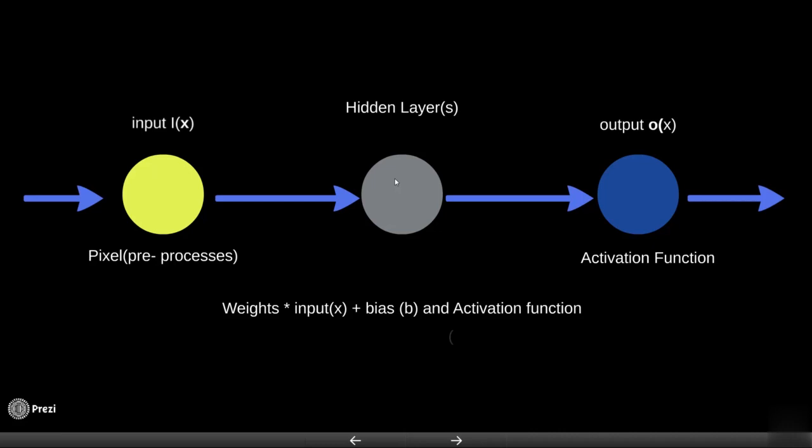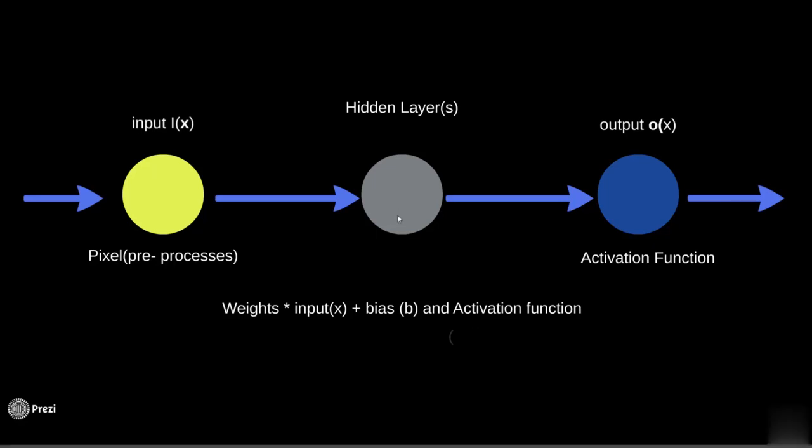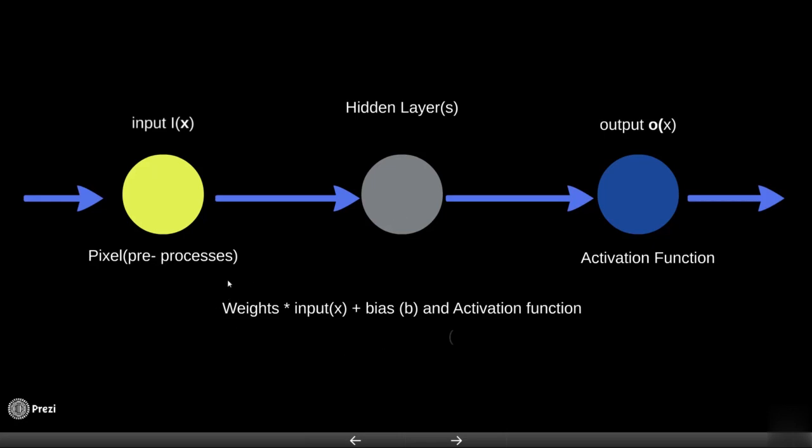The hidden layer has weights multiplied by the input pixel, of course. It adds a bias to it, and it also passes through an activation function. It decides whether to fire or not to fire depending on this specific output, which is weights times input plus bias. Then it passes this decision to the output layer.